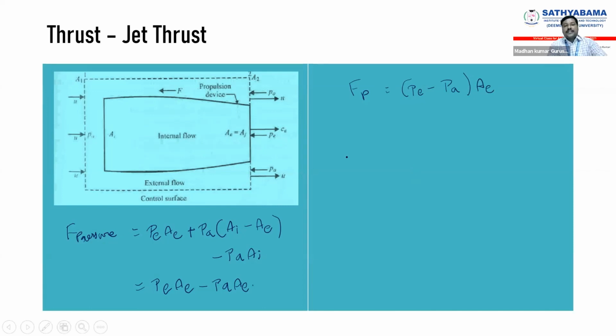So finally, what is your total thrust? The total thrust of the jet engine is F momentum plus F pressure.